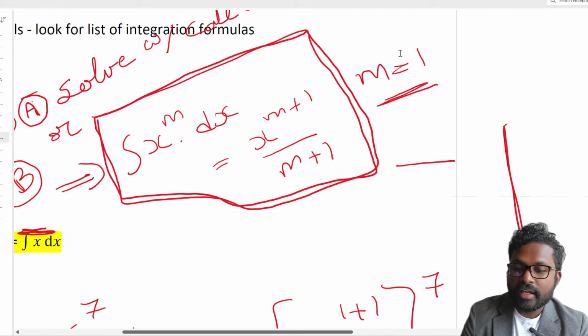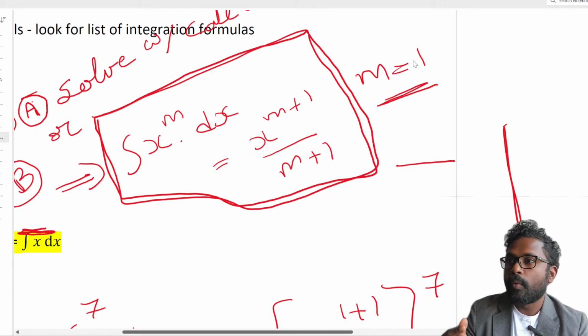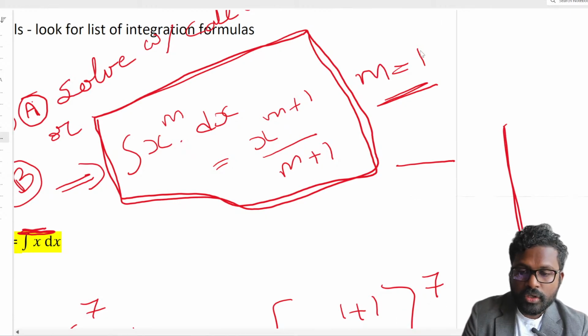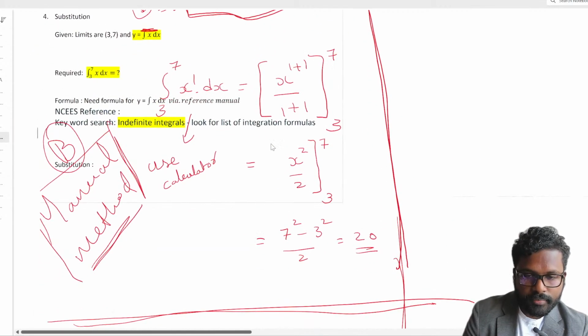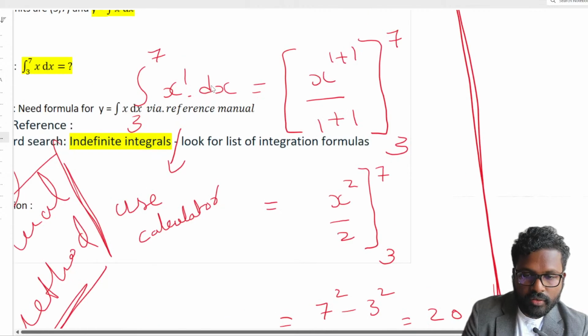We already established that the m value is 1, because integral of x power 1 dx means m is equal to 1. So substitute m is equal to 1 in this equation. This is what we get.